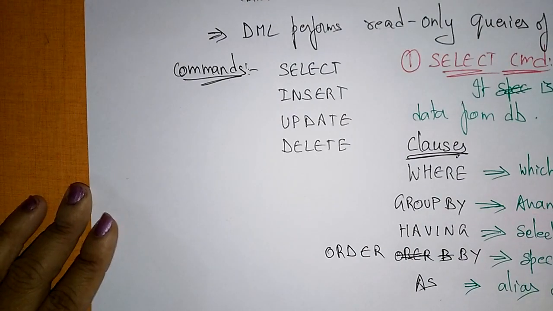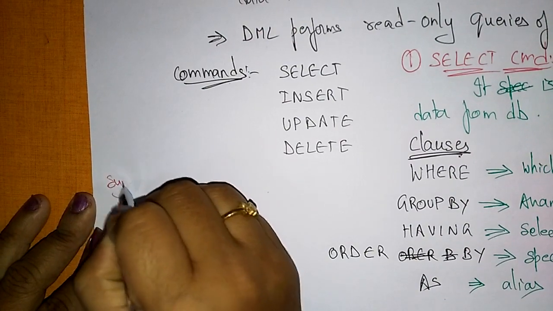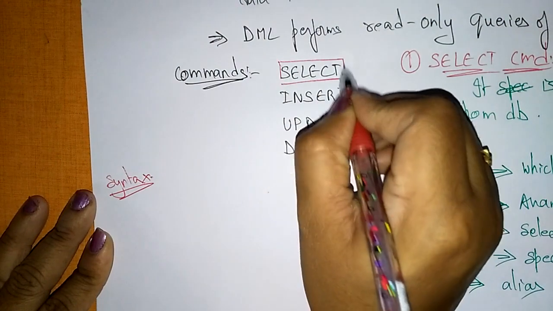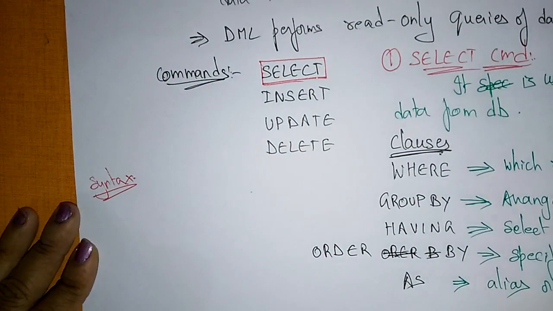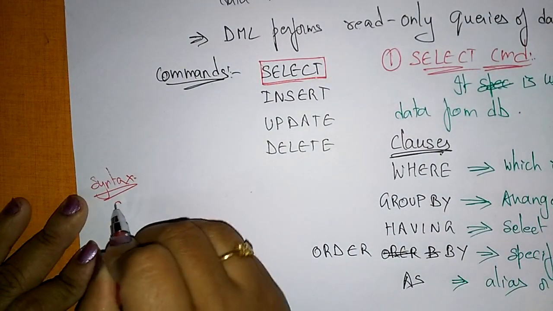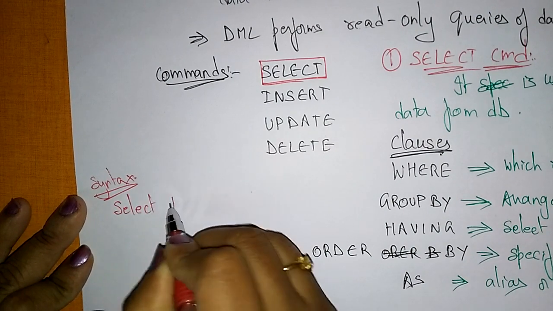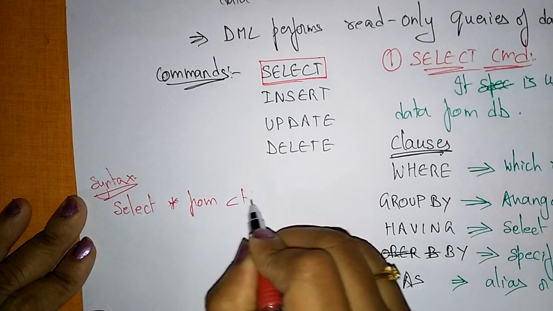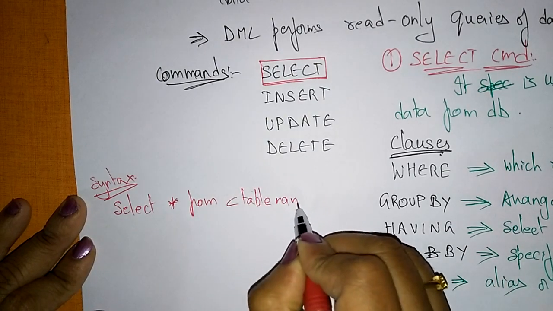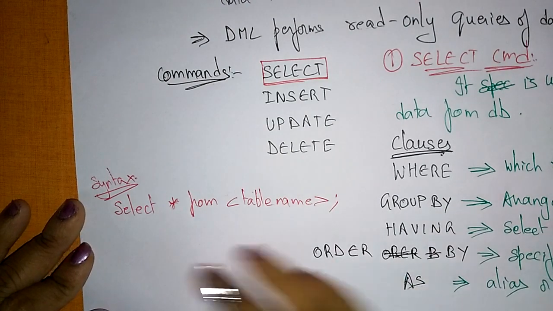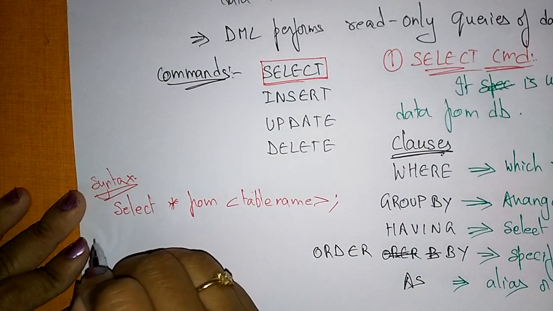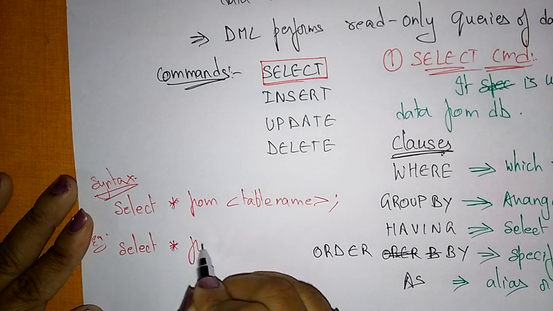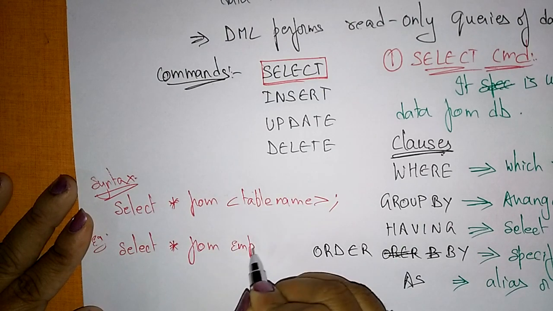Let us see the syntax for the select command. Select star from table name. Suppose you write select star from employee.